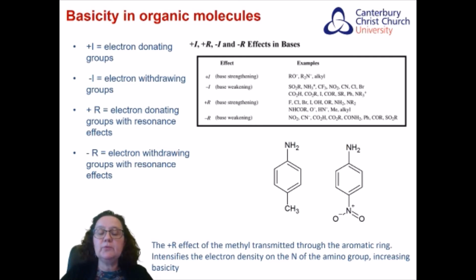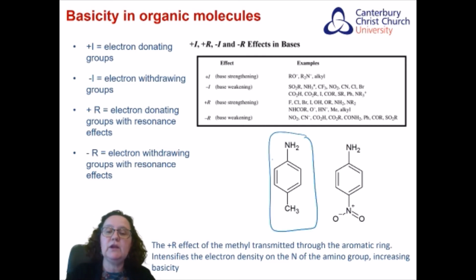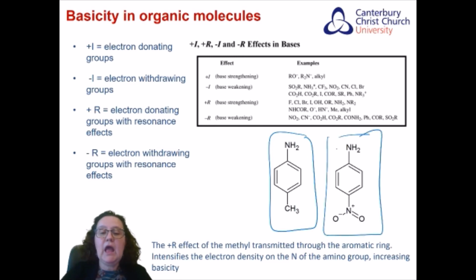So for example, here we've got two derivatives of aniline. One is methylaniline and the other one nitroaniline. And of those, the most basic one is the methylaniline. And the reason is that the methyl group donates charge to the ring. So it is an electron donating group, while the nitro group is an electron withdrawing group.